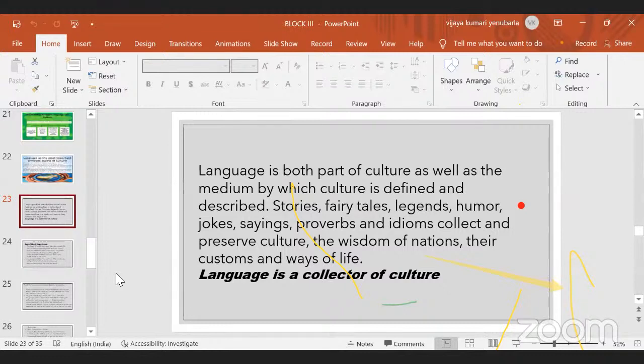Whatever he has come to know, he has provided in the form of stories, poems, and all that. And again, what is the basis? Language. Either you speak, you write, or you use symbols. You are preserving culture. You are collecting culture in the form of language, or using language as a medium.